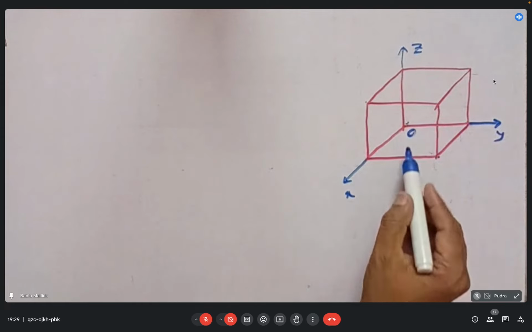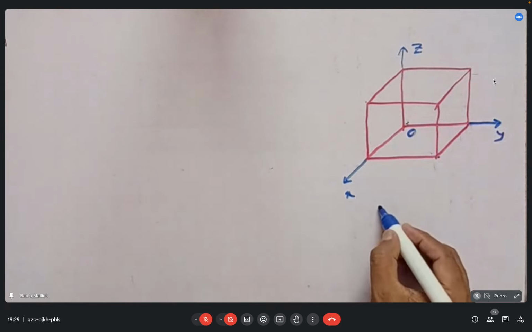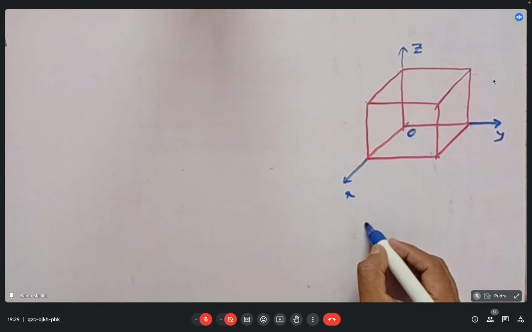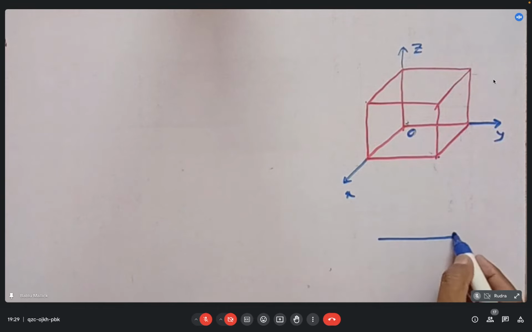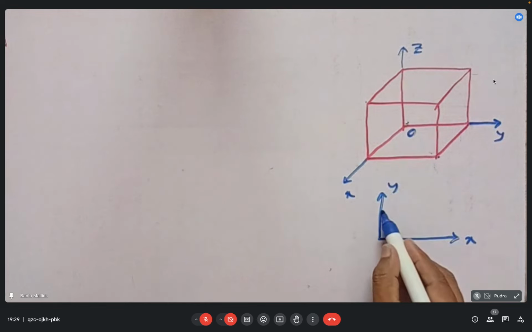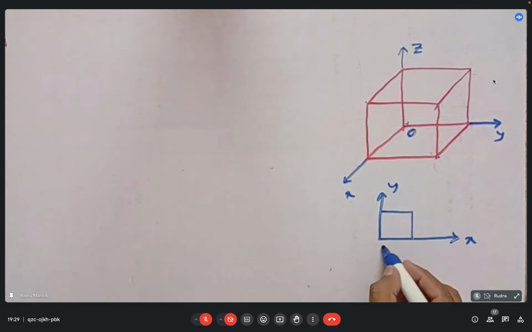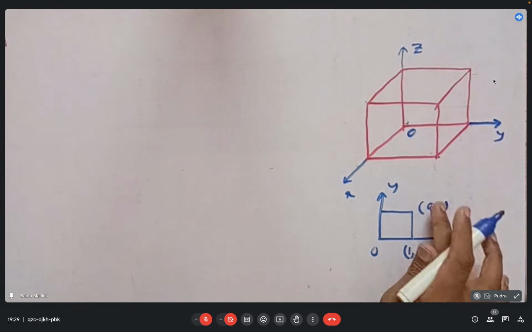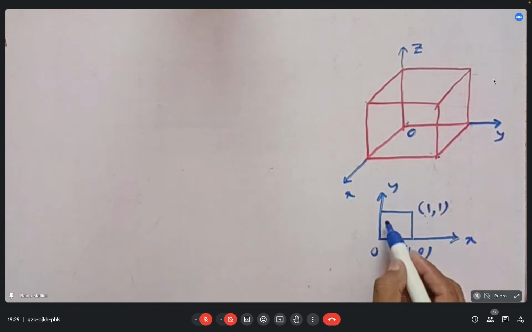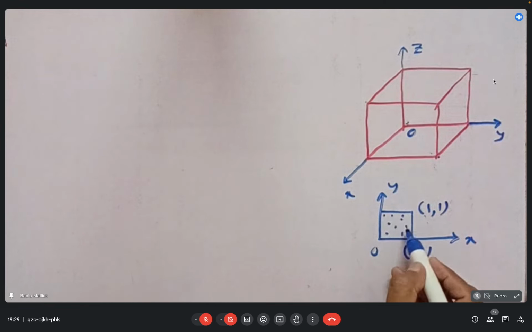If I draw only the base, then the base is this, it is the x-axis, it is suppose the y-axis. The base is the square, this is the origin, it is 1, 0. This point is 0, this point is 1, 1. So we shall integrate the height over the base, over the square.